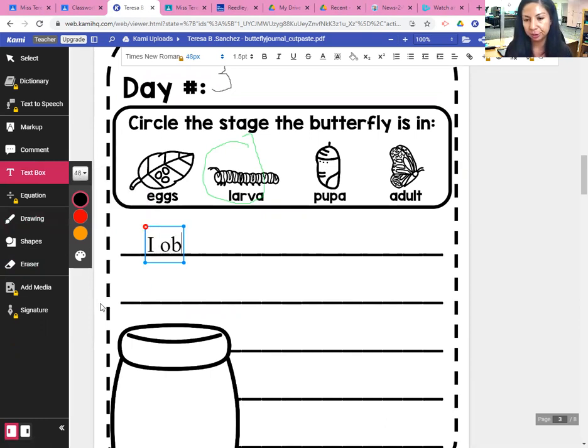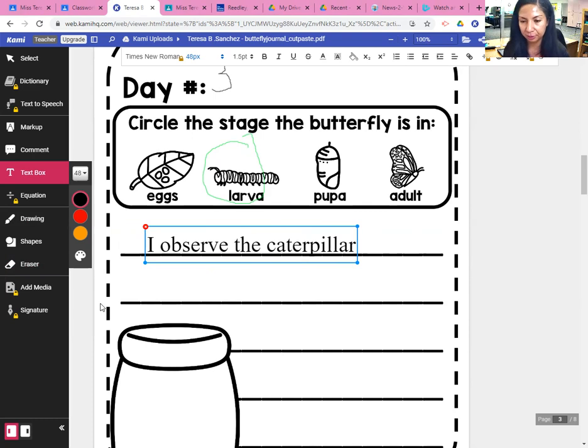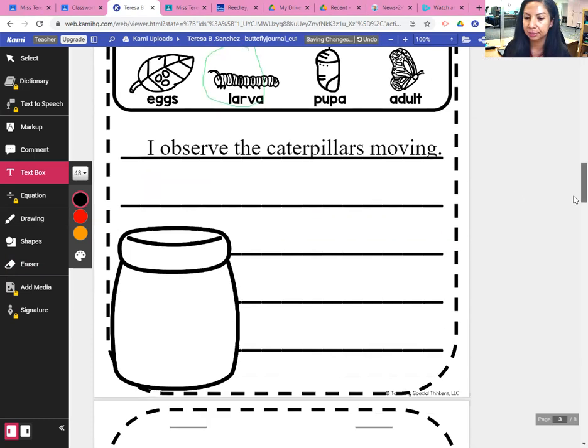I observe, O-B-S-E-R-V-E. That's just another word for see. Scientists observe. I observe the caterpillars, C-A-T-E-R-P-I-L-L-A-R, long word. I observe the caterpillars moving, M-O-V-I-N-G, period. Okay, that's our sentence.